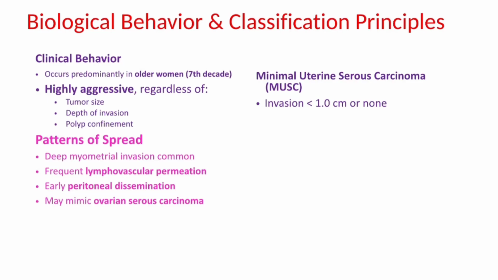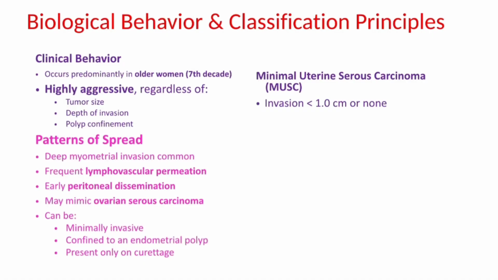So we have to differentiate with the help of IHC and another panel. So we will discuss how to differentiate ovarian and uterine serous in next few slides. It can be minimal invasive, it can be confined to endometrial polyp and only present on curettage.